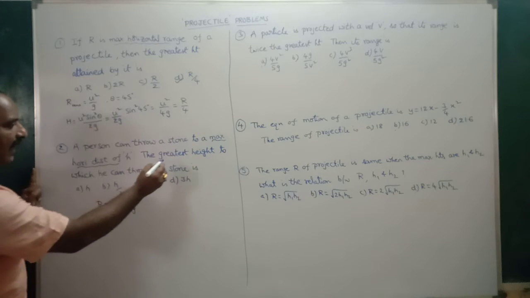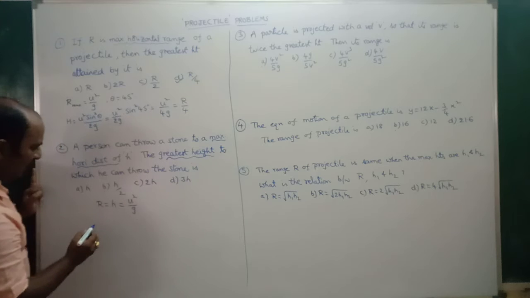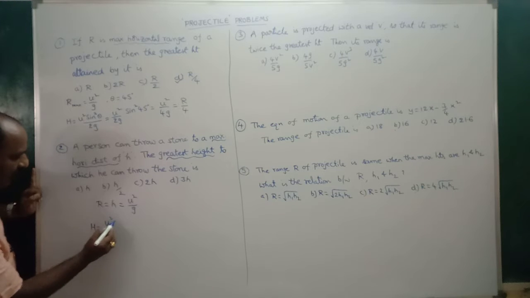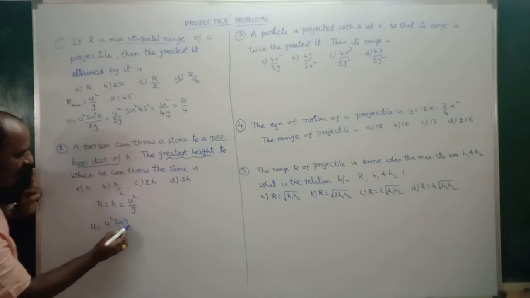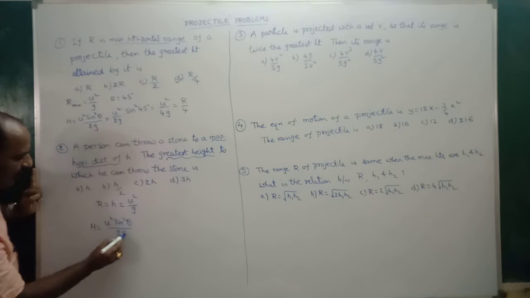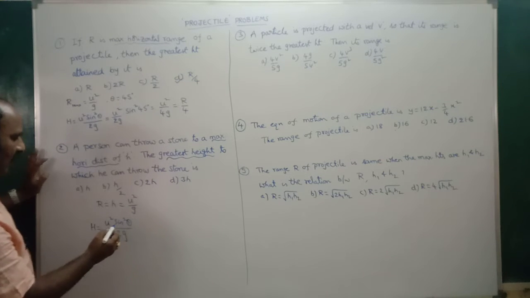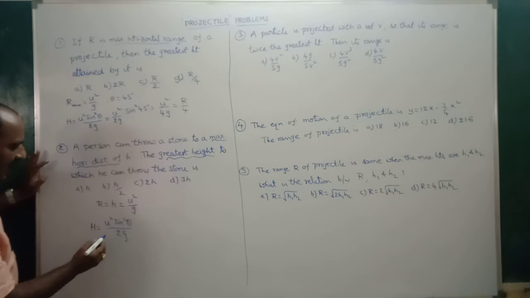Now I want greatest height. Maximum height h is equal to U square sin square theta by 2g. Now for greatest height, theta value is 90.